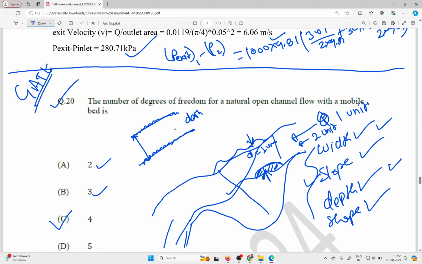The bed is not lined, so your slope is also a degree of freedom, right? As for the shape, if you have already lined it, it is very difficult to change the shape for such kind of river. So degree of freedom might be 2, or just think on that.